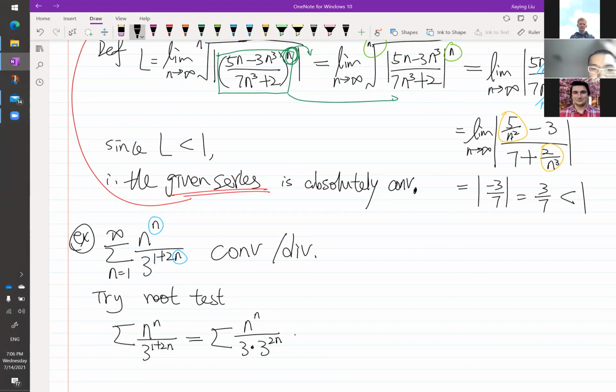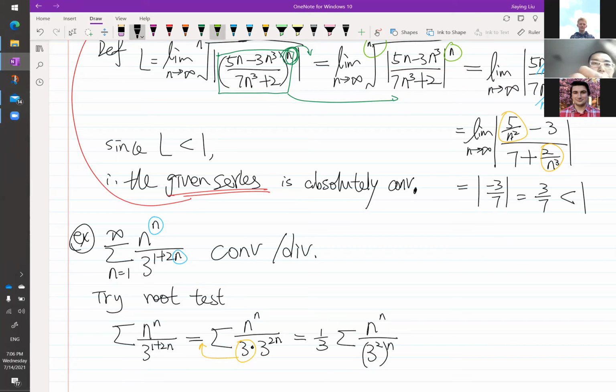From there, I'm going to bring out the 3 in the denominator, in front of the sigma notation, and it becomes 1/3 because it's in the denominator. So I get 1/3 sigma n to the n, and in the denominator I get 3 to the 2n, which I'm going to write as 3 squared raised to the n. That's the same thing as 3 to the 2n.